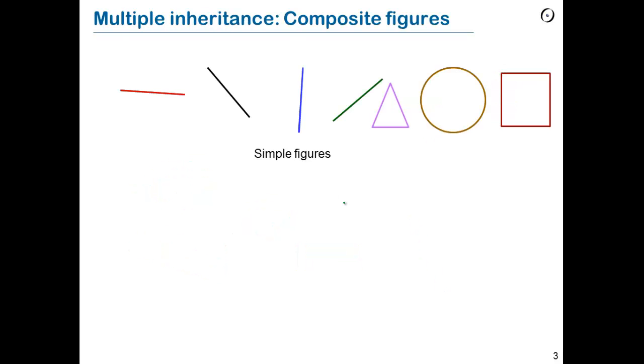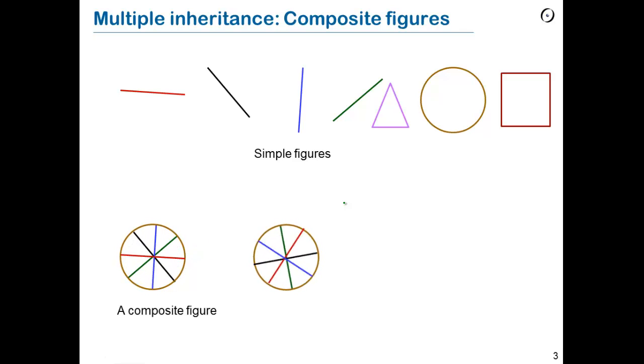And for example, we could have a set of simple figures like the variants shown at the top. We have a few segments, a few instances of the class segment. We have a rectangle, we have a circle, we have a square, and we could, for example, take a square and a few segments, and that gives us a wheel, and then we produce another wheel, and so we have two composite figures.